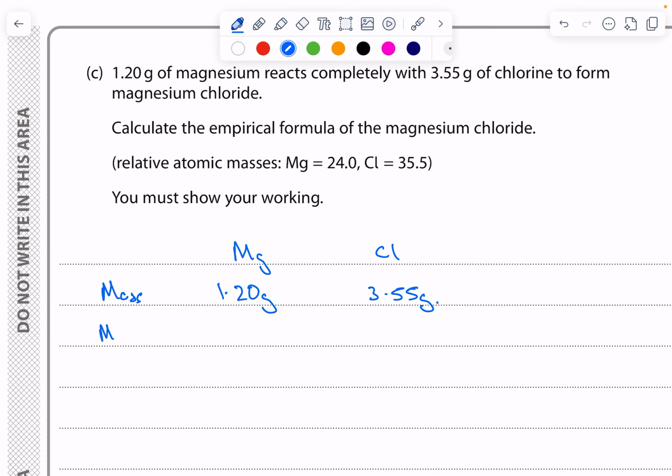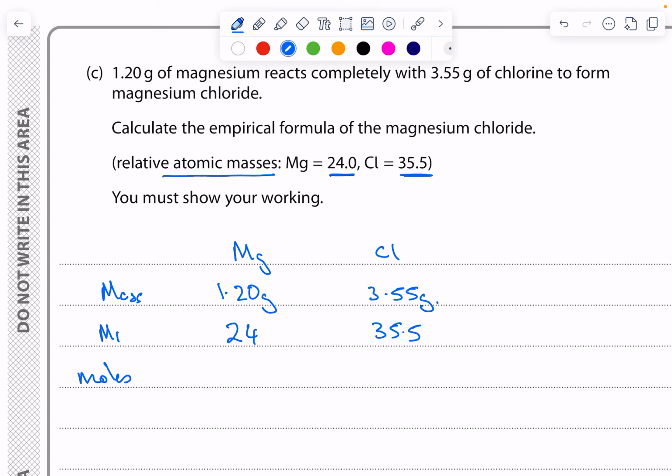Next job is write down the Mr, the relative atomic mass. So we've got 24 for magnesium and I've got 35.5. Then what I need to do is work out the number of moles. Remember, moles equals the mass divided by the Mr, which is why we've written it down this way.